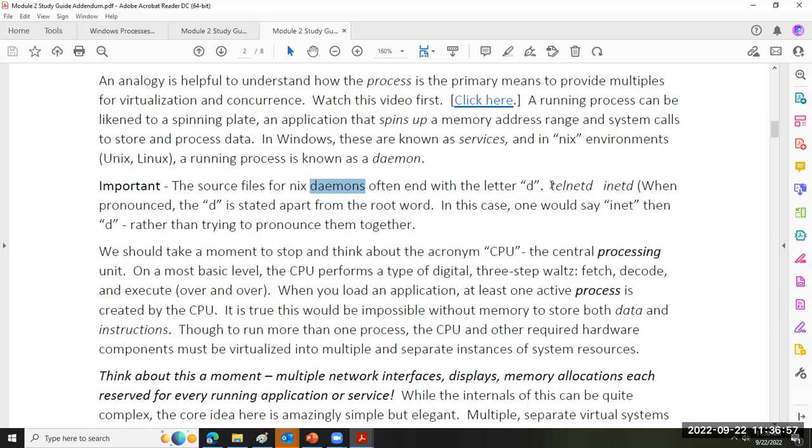When Telnet is active and it's available, that's because the Telnet D resources are active, right? So the D stands for daemon. So anytime you see a D stitched on the end of a Linux service, it means, oh, okay, that's actually the daemon that's active and running.